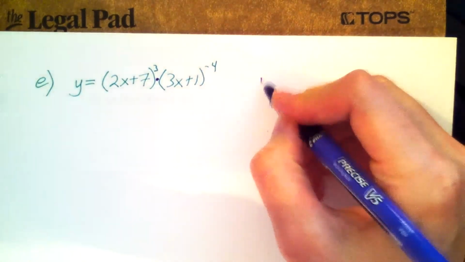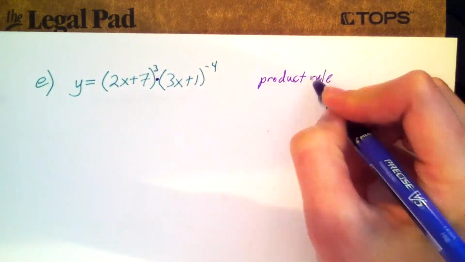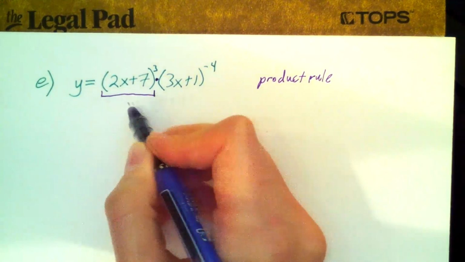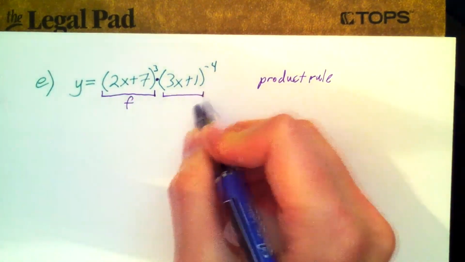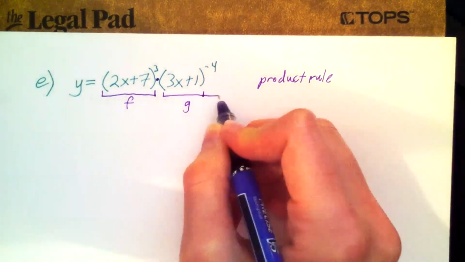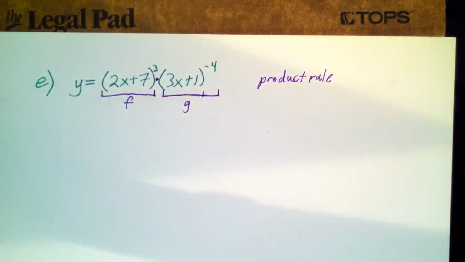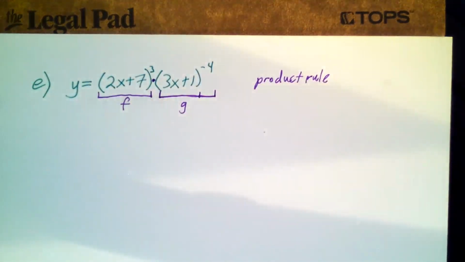This is going to require a product rule because this function y is a product of two smaller functions, 2x plus 7 cubed times 3x plus 1 to the negative 4. You include the power on both of those. So because it's a product of two functions, I would have to use a product rule to take the derivative.